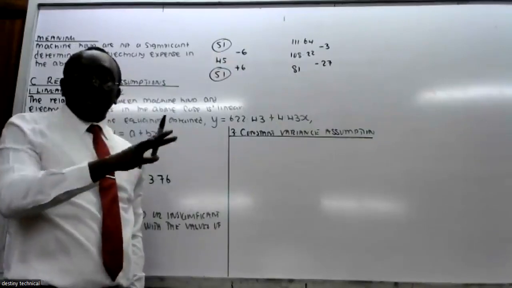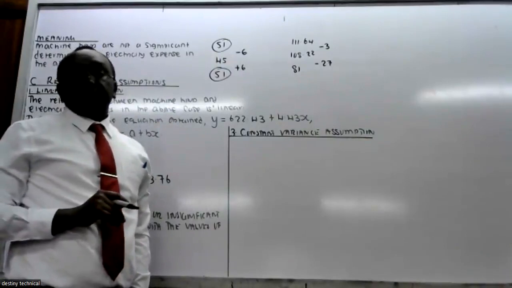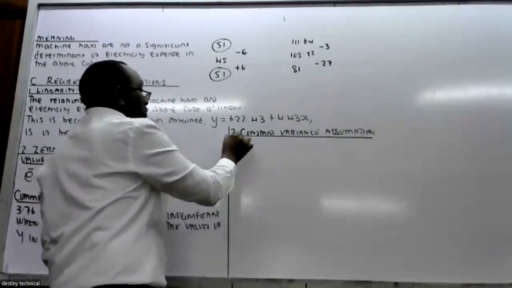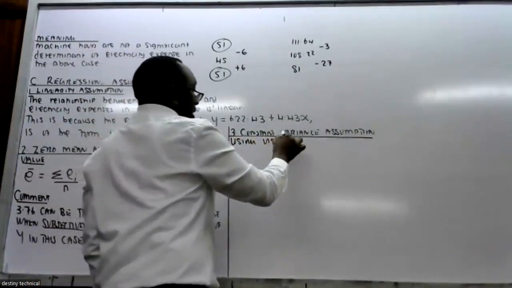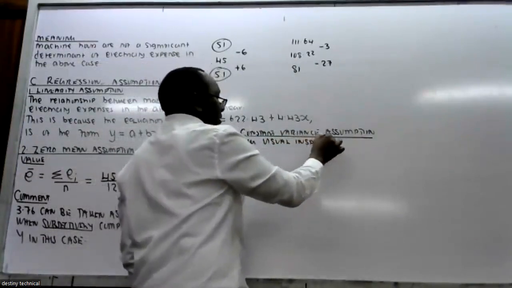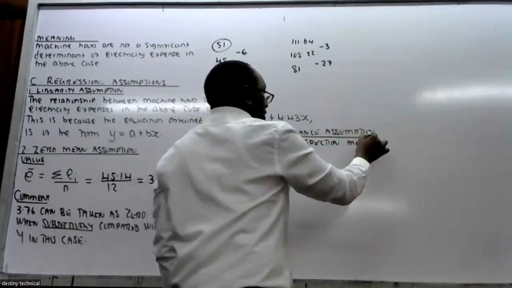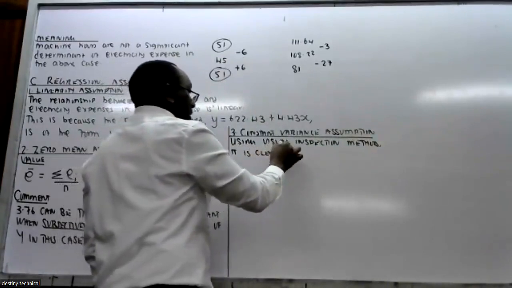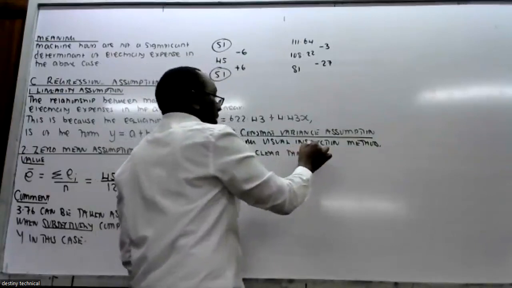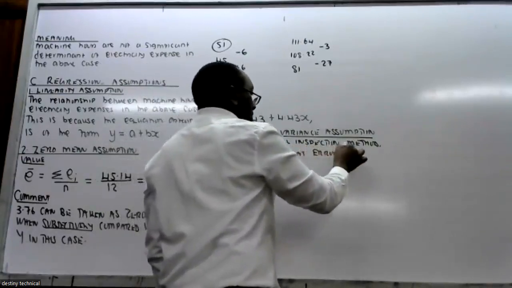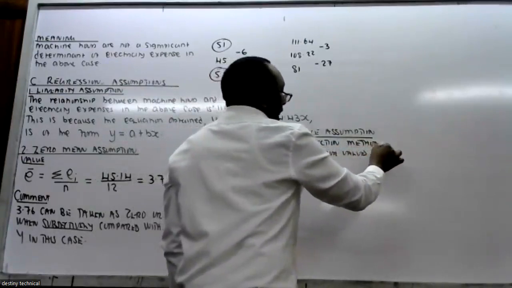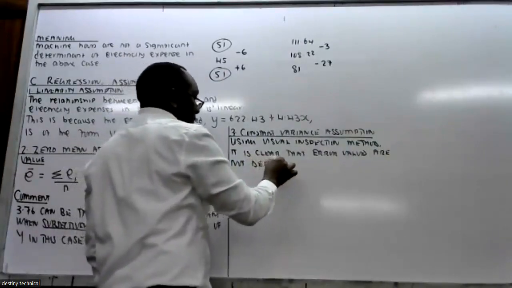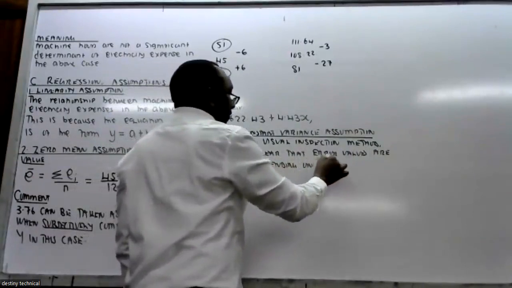And you can go checking with the others that way. So if we are okay with that, in our notes, using visual inspection method, it is clear that error terms or error values are not depending on x values.